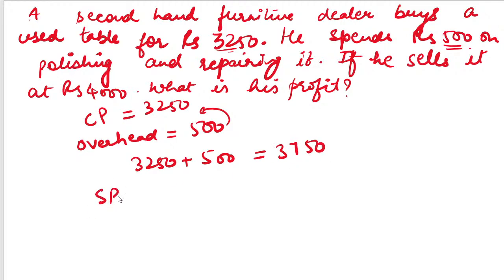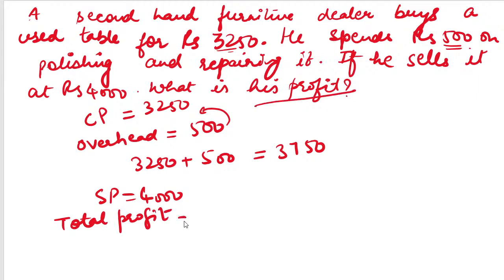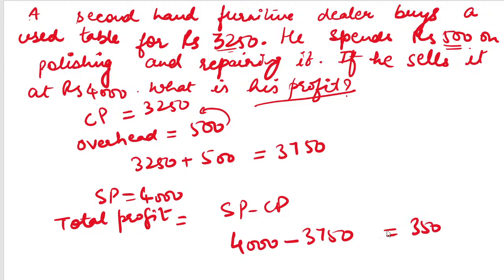Then we have SP rupees 4000. Okay, so we have to find out the total profit, because in the question we asked what is his profit. So total profit is SP minus CP, because here SP is big, so 4000 minus 3750. So our answer is 350. So that particular furniture dealer has a profit of rupees 350.